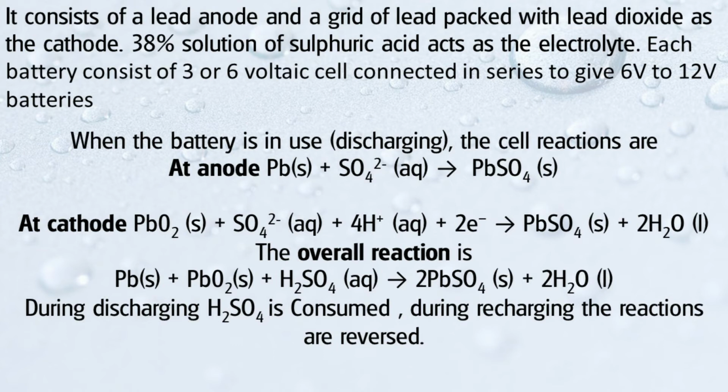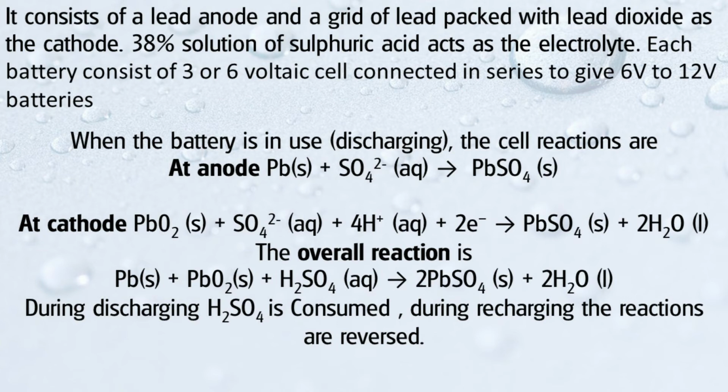Each battery consists of 3 or 6 voltaic cells connected in series to give 6 to 12 volt battery. The reactions in anode and cathode are very important. At anode, the solid lead is oxidized to lead sulfate, and at cathode, lead dioxide is reduced to lead sulfate in acid media.